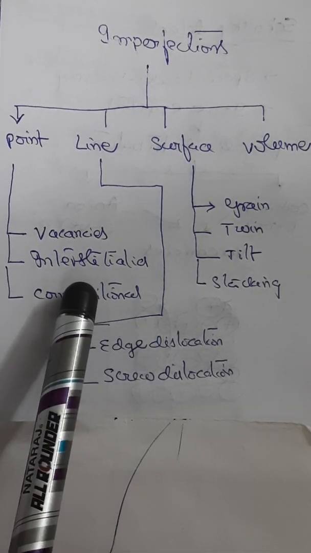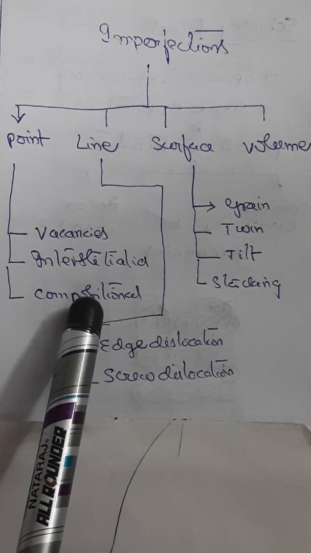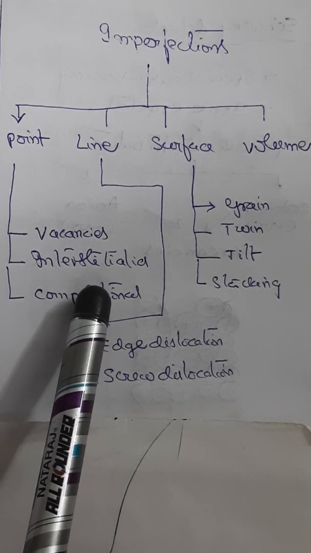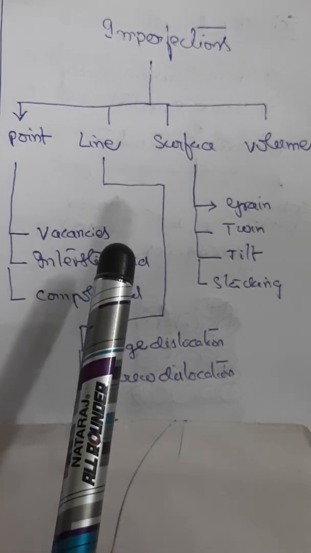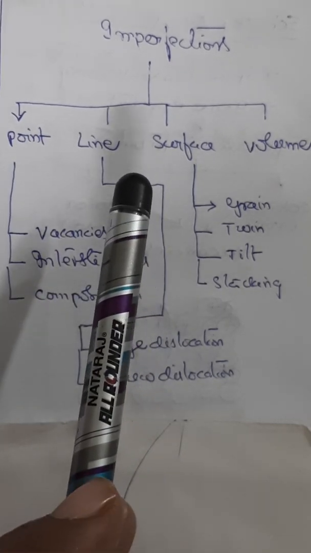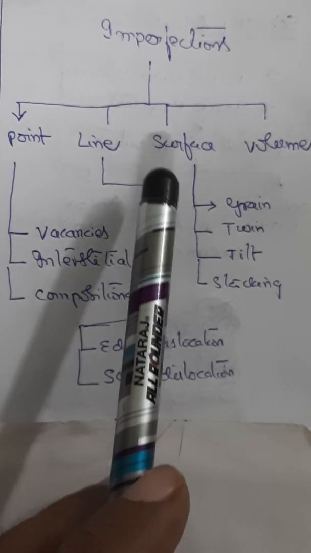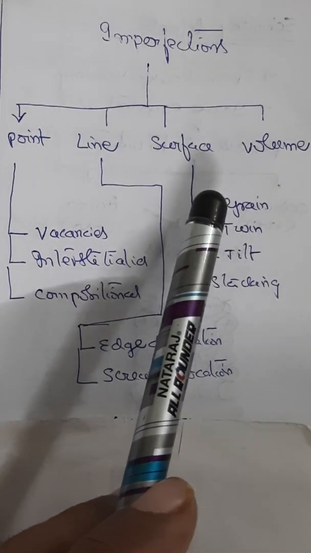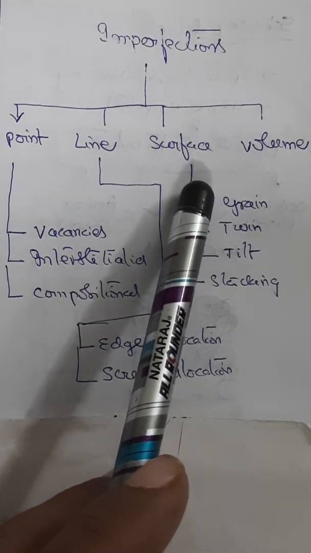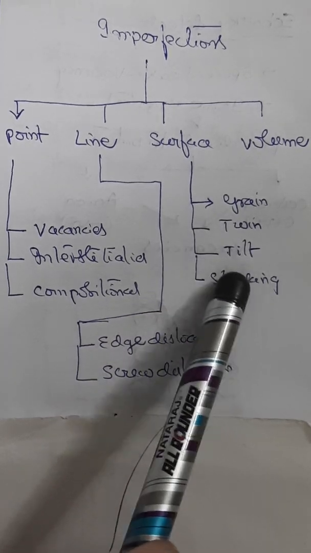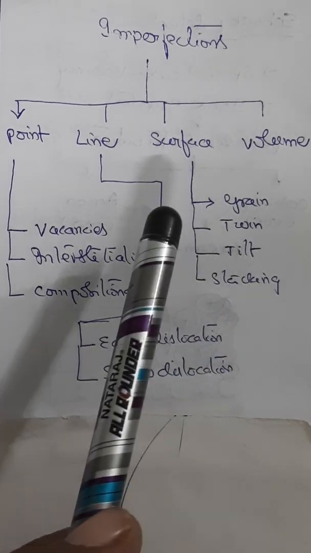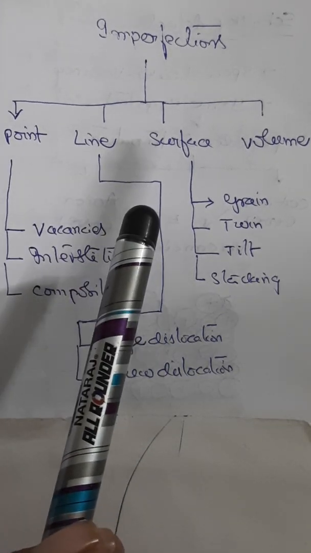In compositional defects, there are two different varieties: one is substitutional impurity defect, another is interstitial impurity defect. And in surface defects, there are grain boundaries, twin boundaries, tilt boundaries, and stacking faults. So there are various defects available here.